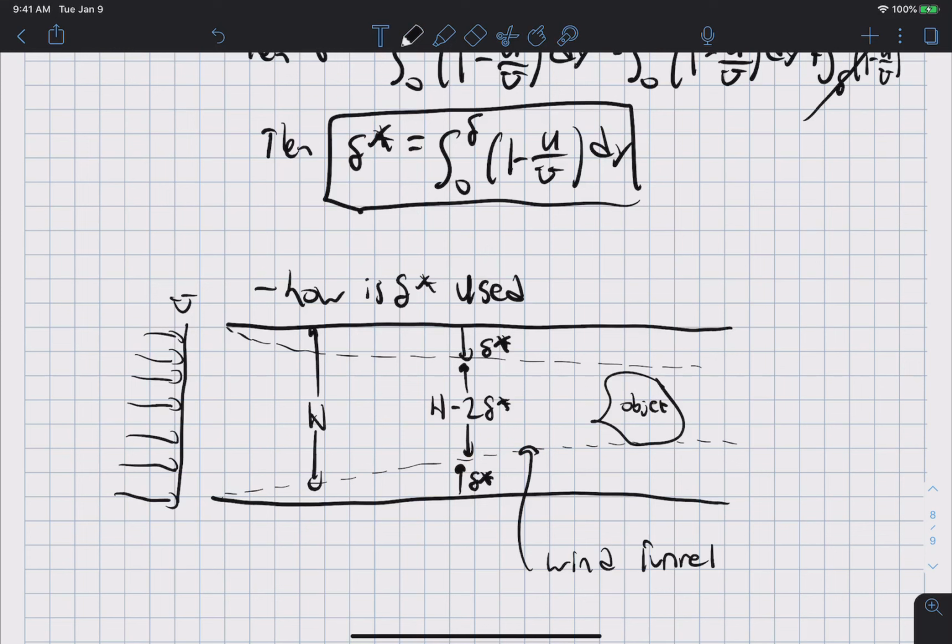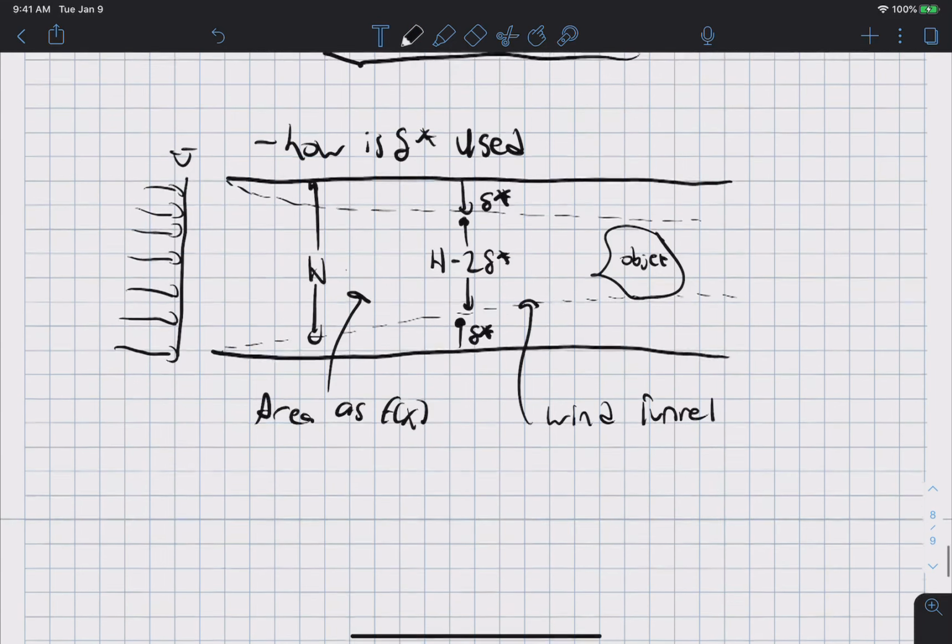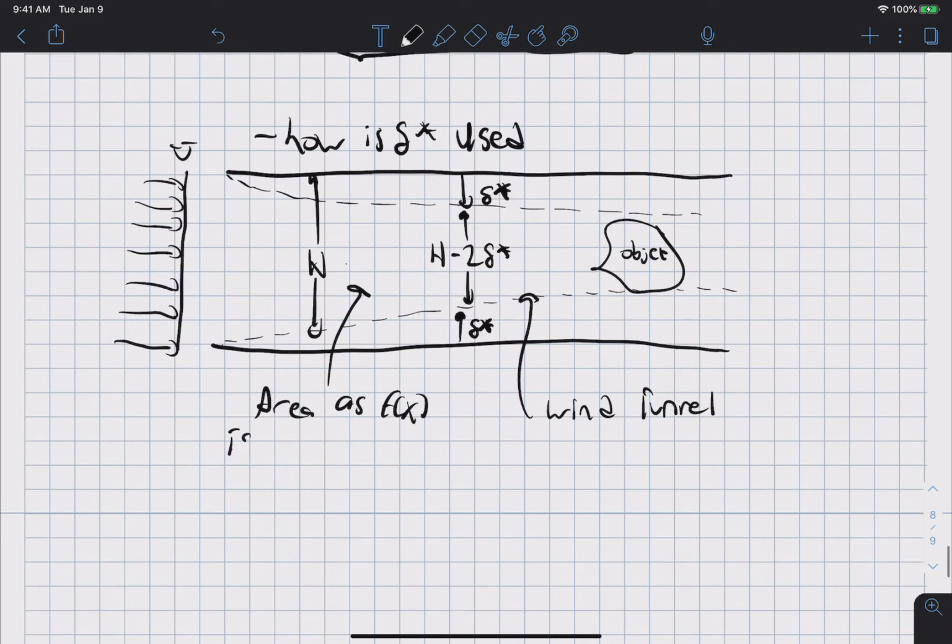Okay? And so the area as a function of x is decreasing due to delta star.